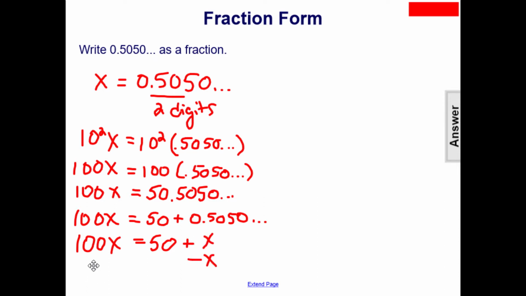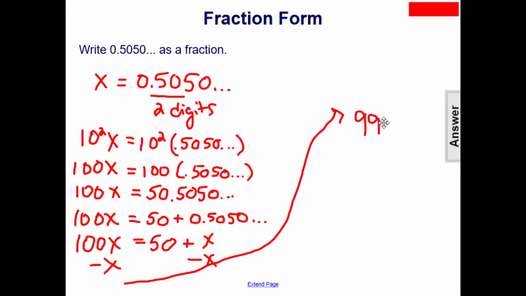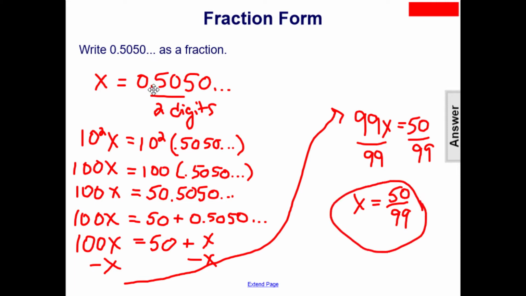We'll subtract x from both sides. That will give us 100 minus 1 will give us 99x equals 50. Divide by 99, both sides, to give us a fraction of 50 over 99. So that repeating decimal gives us that fraction, 50 over 99.